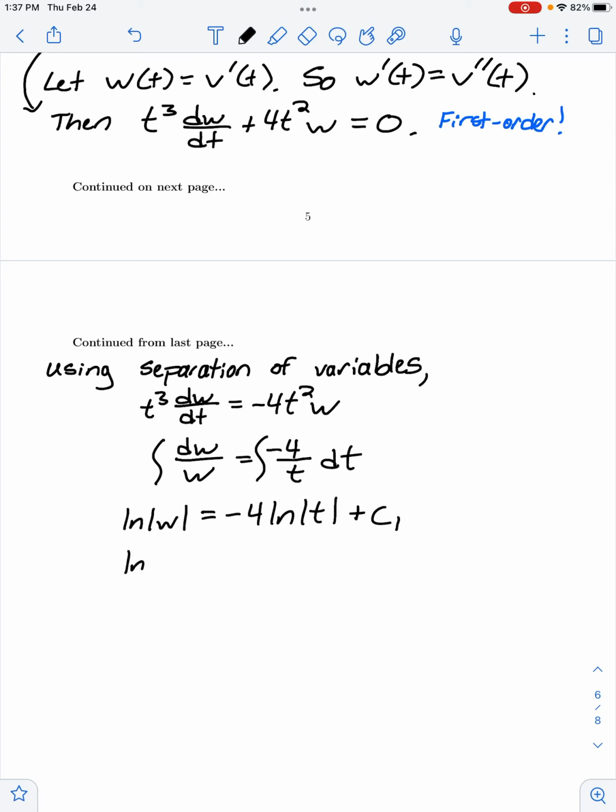Now, using properties of natural logs, the right-hand side I can rewrite as the natural log of t to the negative 4th plus c1. And so by exponentiating on both sides, I find w, which is a function of t, would be c1 times t to the negative fourth power.